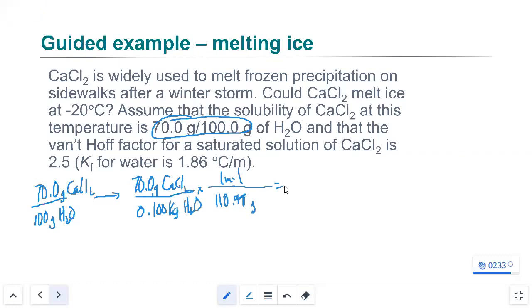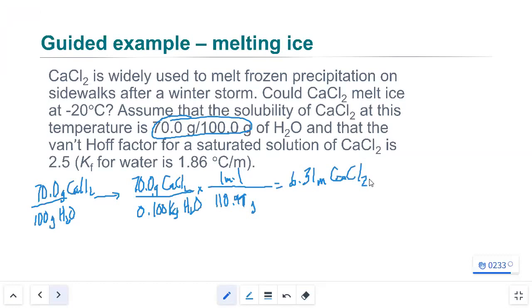So 70 divided by 0.1 divided by 110.98 would give us 6.31 molal as the concentration of calcium chloride.